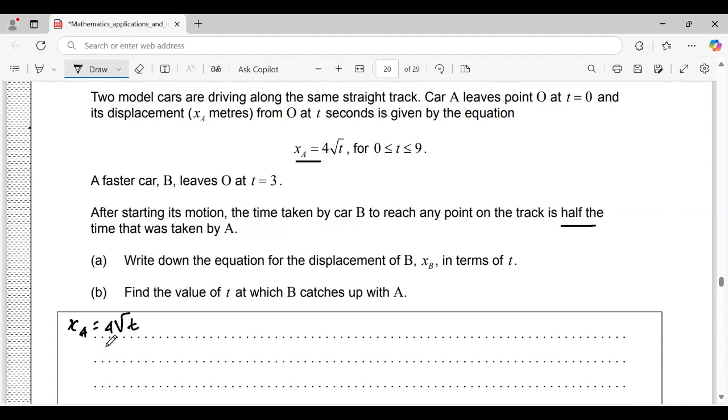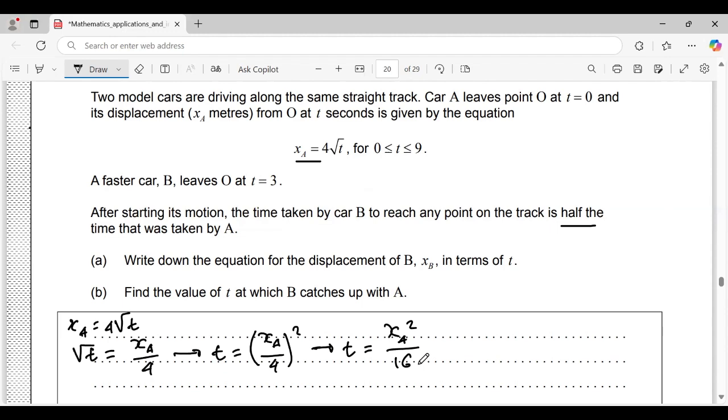If t is the subject, I rearrange this equation: square root t equals xA over 4, so t equals (xA over 4) squared, or t equals xA squared over 16.